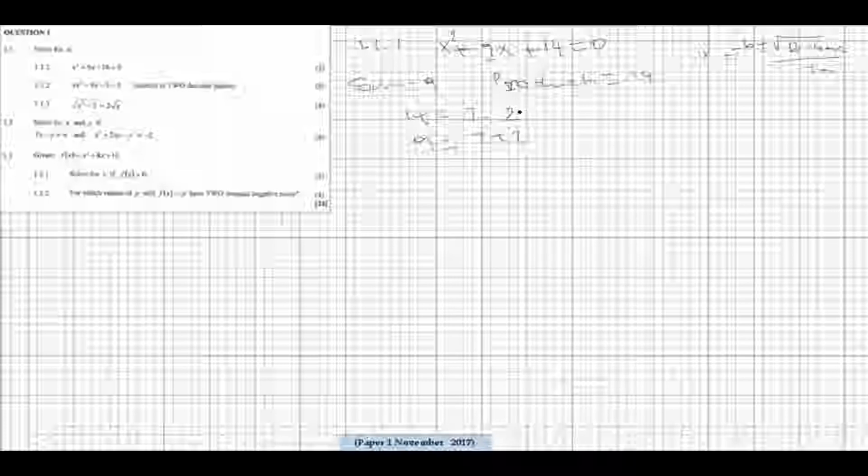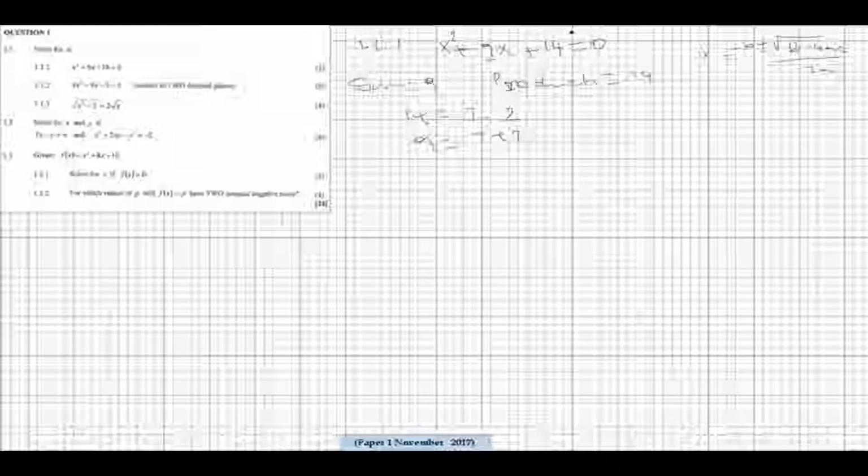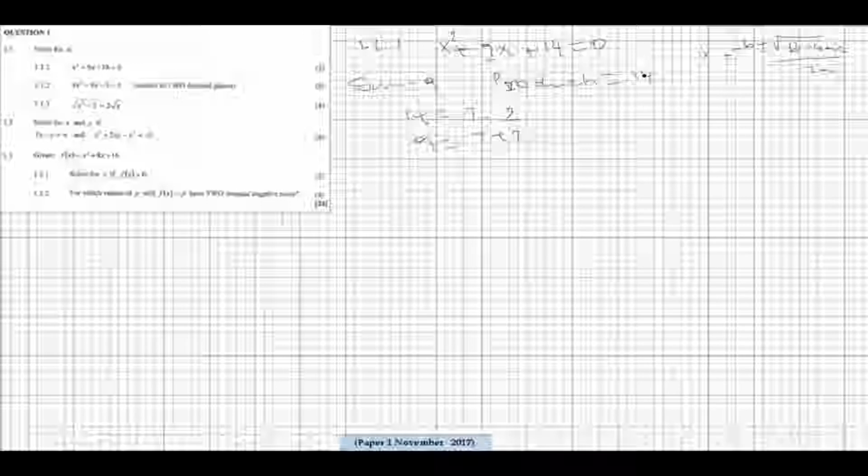So the two numbers are 7 and 2, because if we multiply 7 and 2 we get 14, which is the product, and if we add them, 7 plus 2, we get 9, which is the sum.